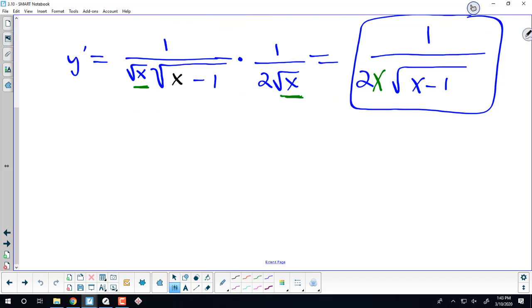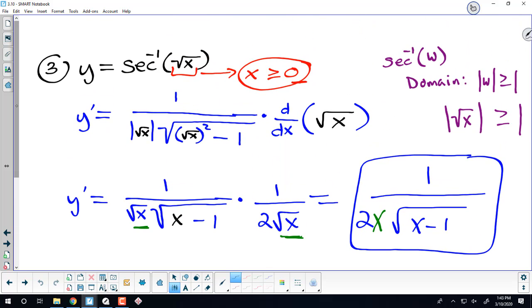All right, we saw in that last example that we didn't need the absolute value here. Originally, what we have on this first line with y prime was just the derivative, the formula as it told us to take the derivative. But we didn't need absolute value around the square root of x, since it's always positive. The square root of x and the square root of x here in green just multiplied to give us x, and then the square root of x squared under the radical was just x.